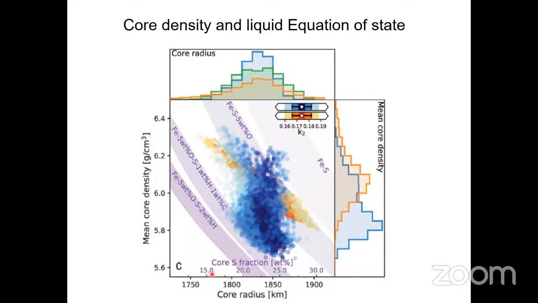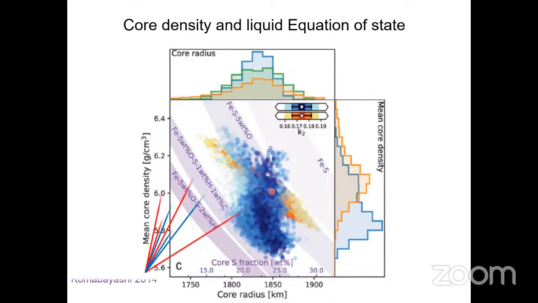So if we take the sulfur value from the cosmochemically constrained value, then you have to put something else, like carbon or hydrogen, to further reduce the density. But again, the Fe-sulfur-oxygen system can match the major part of this data if you ignore the constraints in terms of sulfur content.